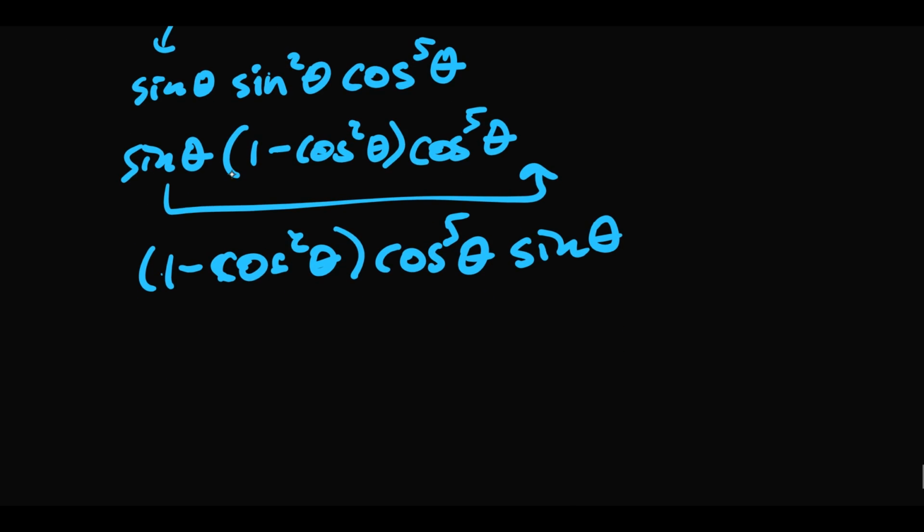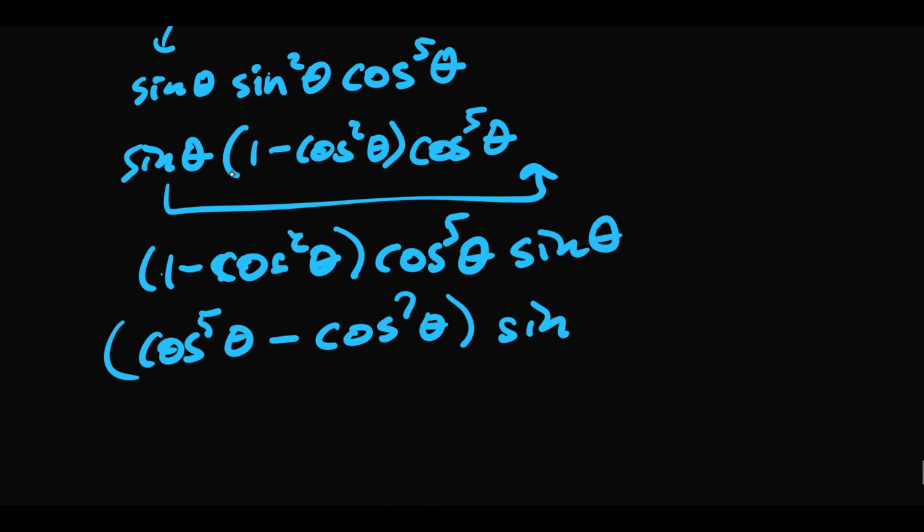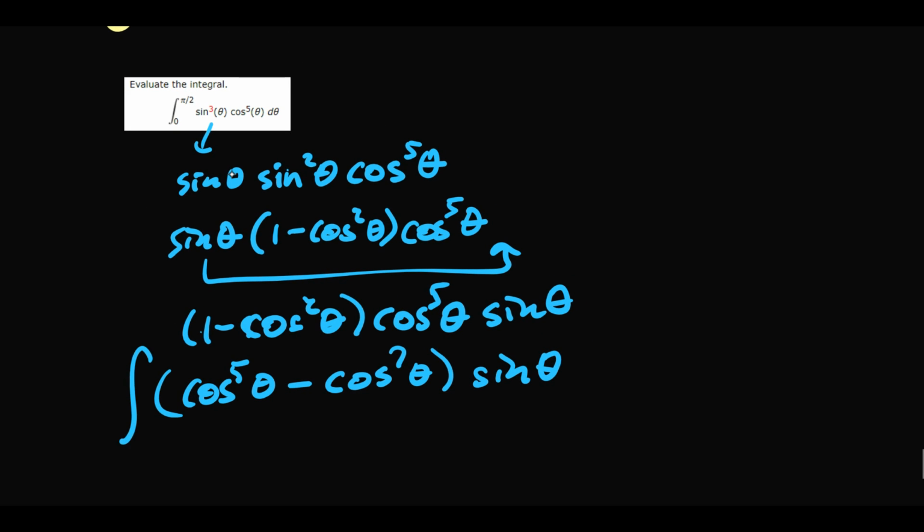And now multiply that cosine to the 5th through. That's cosine to the 5th minus cosine to the 7th, times sine of theta. And now that integral becomes the integral from 0 to pi over 2, and then this is d theta here.